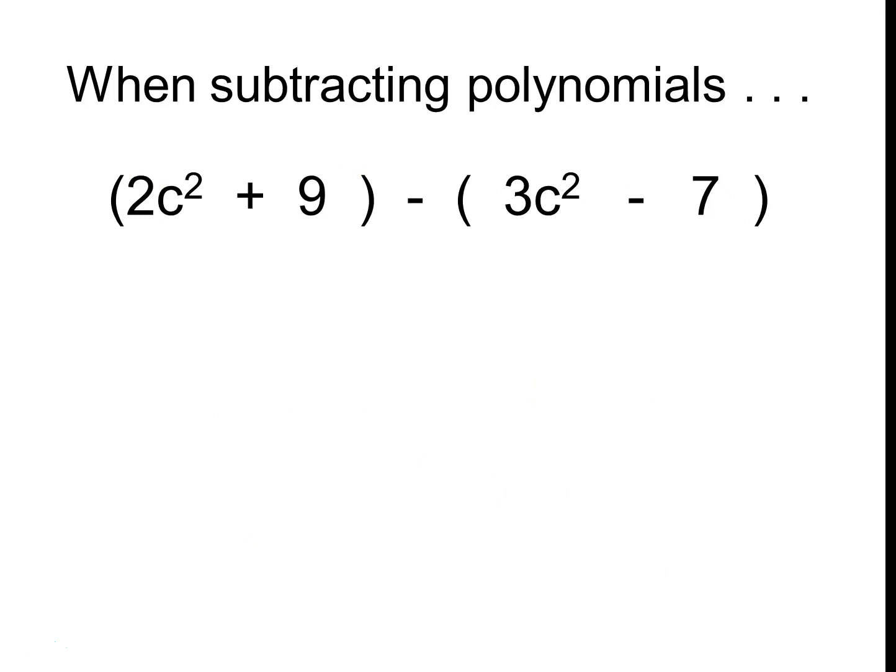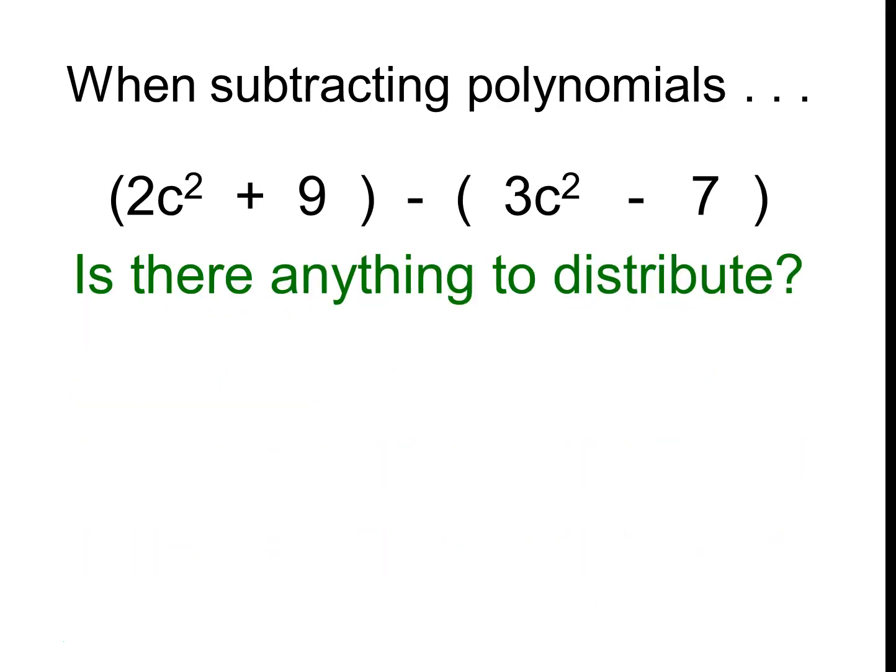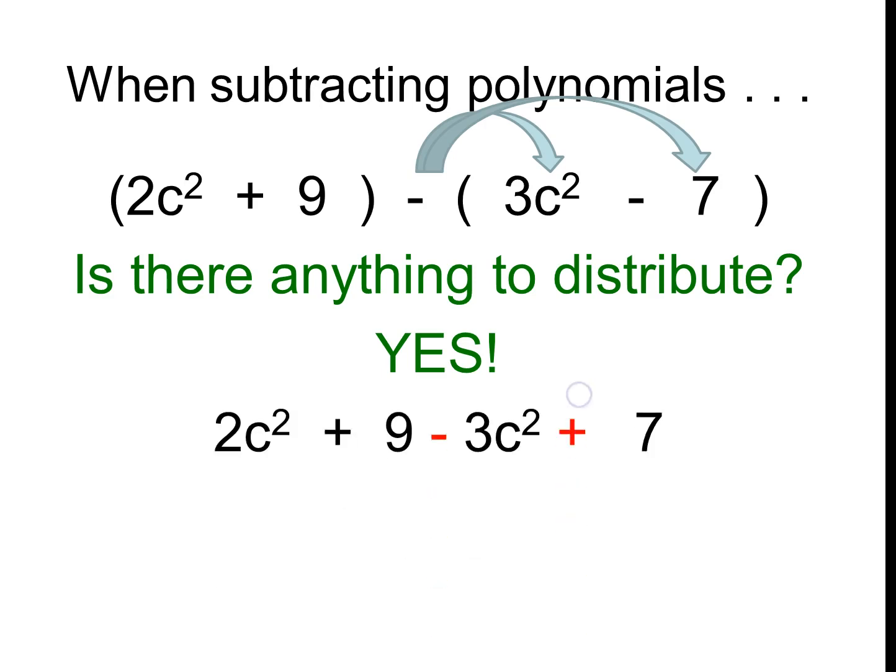Subtracting, you need to think a little bit harder because you need to ask yourself again, is there anything to distribute? Yes. See that negative right there? That negative is really a negative 1 sitting there, and that needs to be distributed, doesn't it? It needs to be distributed to both pieces. So now what I have, I didn't change anything in the front because there wasn't anything to distribute.